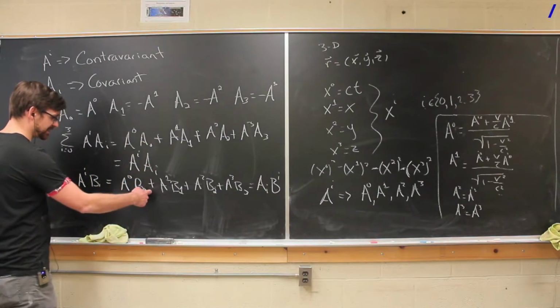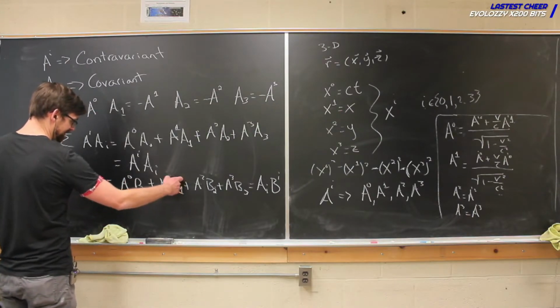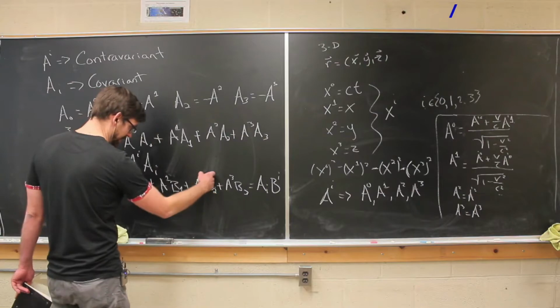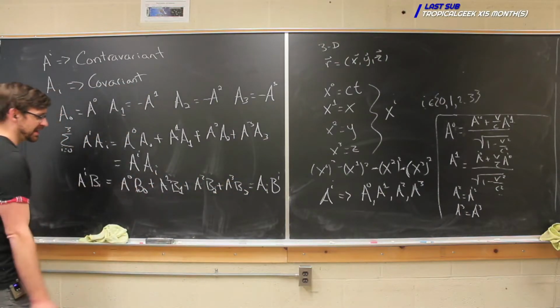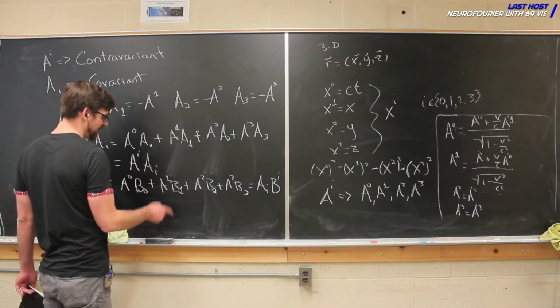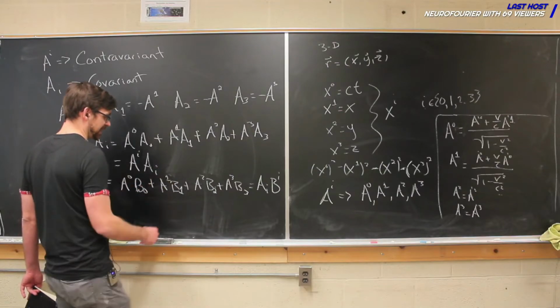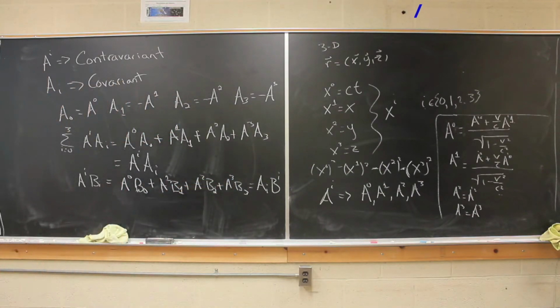If we bring this 0 upstairs, nothing happens. If we bring this 1 upstairs, we flip the sign. If we bring this 2 upstairs, we flip the sign. If we bring this 3 upstairs, we flip the sign. What if we switch them around and have the opposite? We can bring this 1 up here, flip the sign, this 2 up here, flip the sign, this 3 up here, flip the sign. So it doesn't really matter which order we have them.